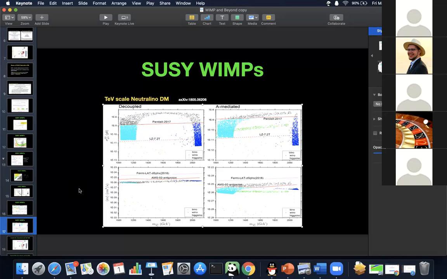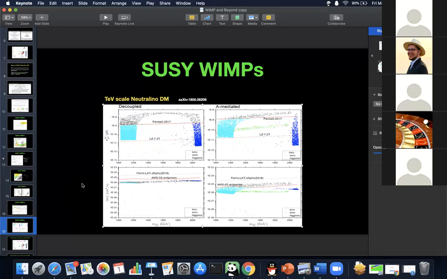The conclusion is very obvious: the allowed parameter space is shrinking, and the near future dark matter direct detection experiments have the ability to discover most of them or exclude them.